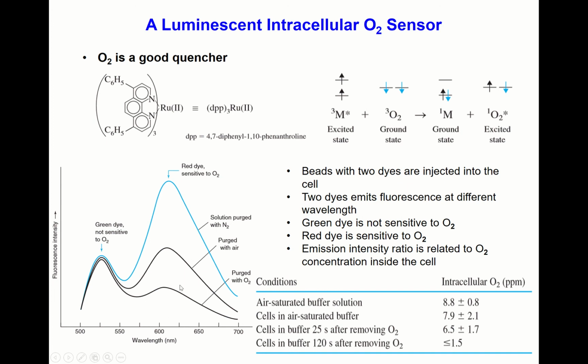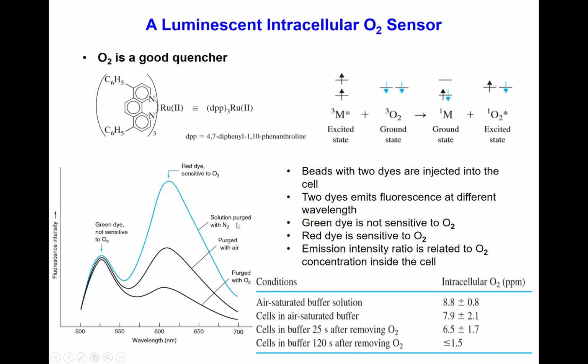Let's look at this figure again. When purged with oxygen, since this is very sensitive to oxygen, the fluorescence intensity is quite low. When purged with air, which contains about 20% oxygen, the oxygen concentration is lower than in pure oxygen, and the fluorescence intensity increases.